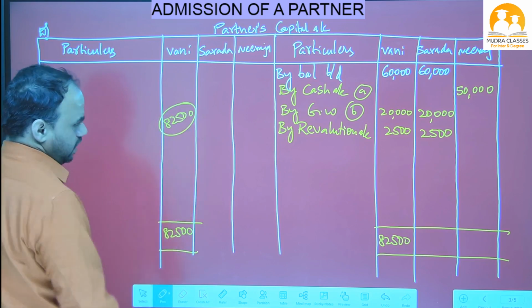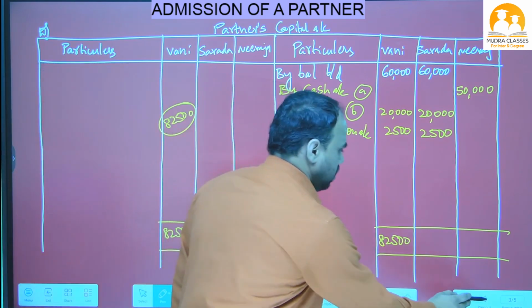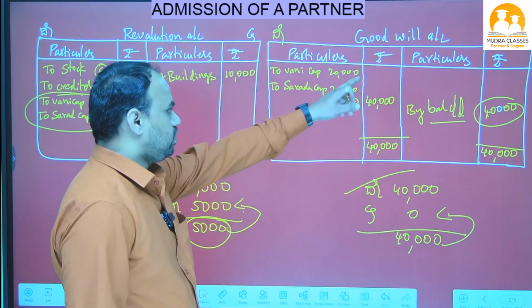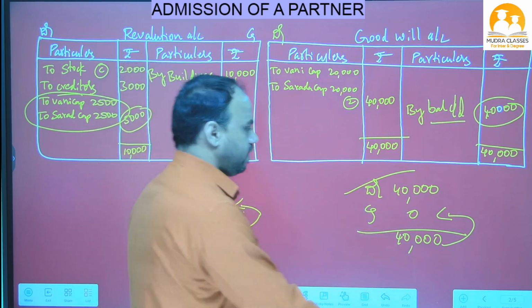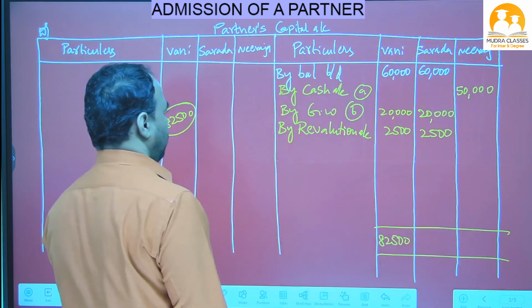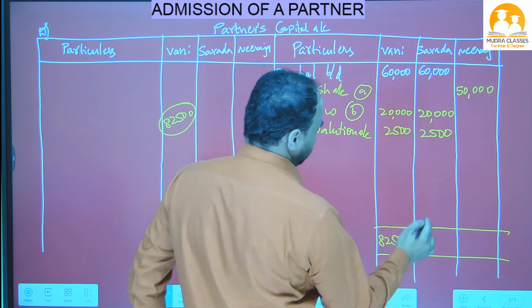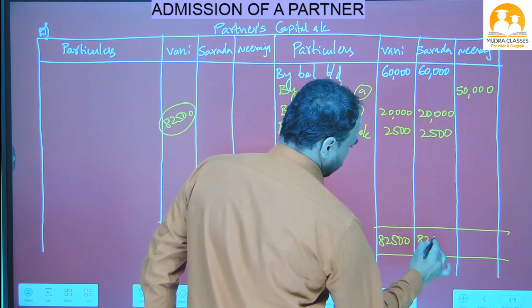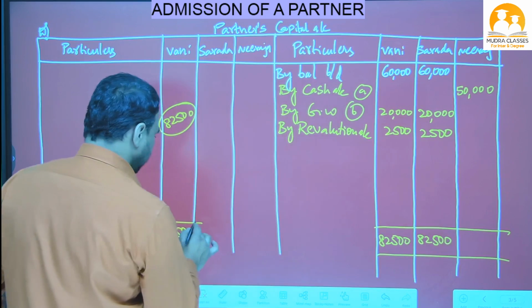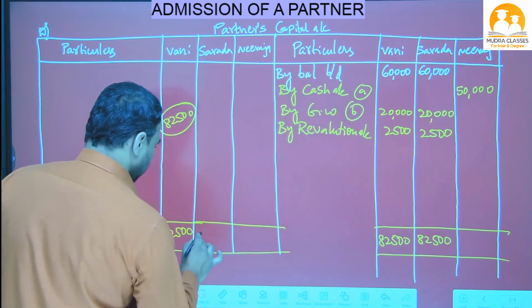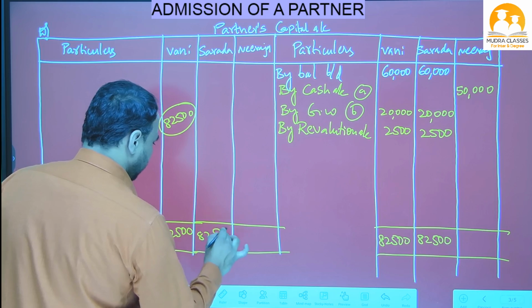This is balance carried down. Similarly, as we closed the goodwill account, we have to close the partners capital account, Nana. Okay, so Sarada capital, now 60 plus 20, 82, so 82,500. Same answer will come here, 82,500.